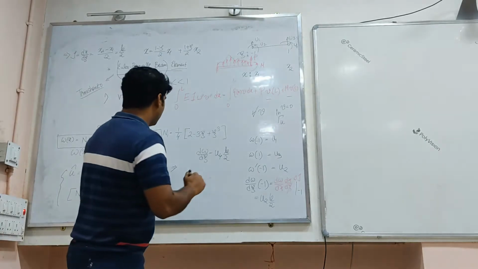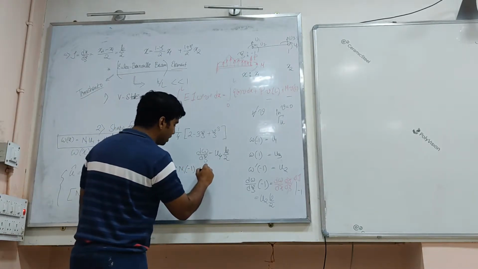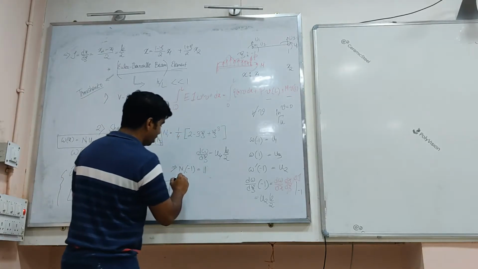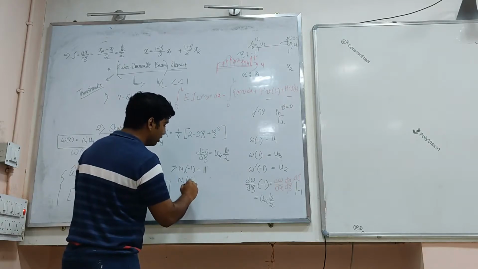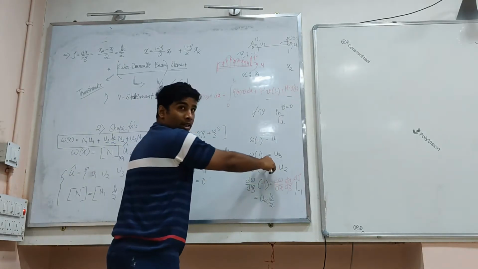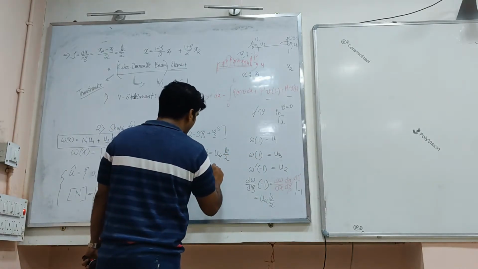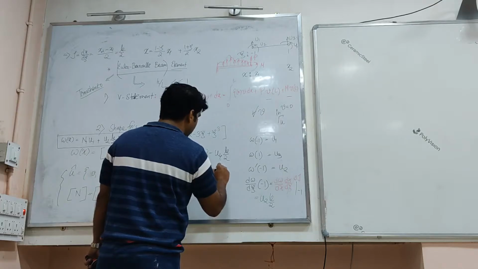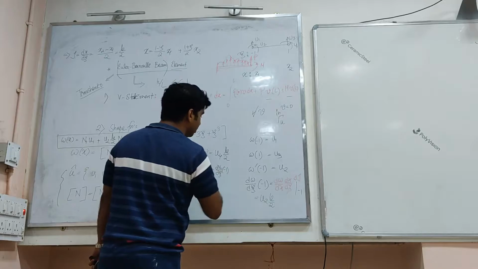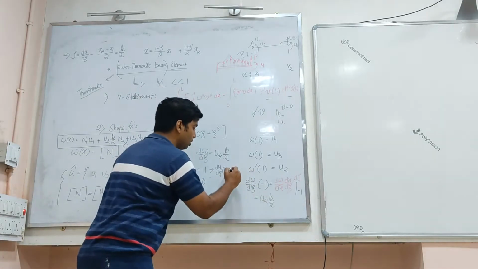Once. So the boundary condition on N1 is that N1 at -1 should be 1. N1 at 1 should be 0. You see, W1 is 0 here, so no U1 is there. Also, dN1/dXi at -1 should be 0.